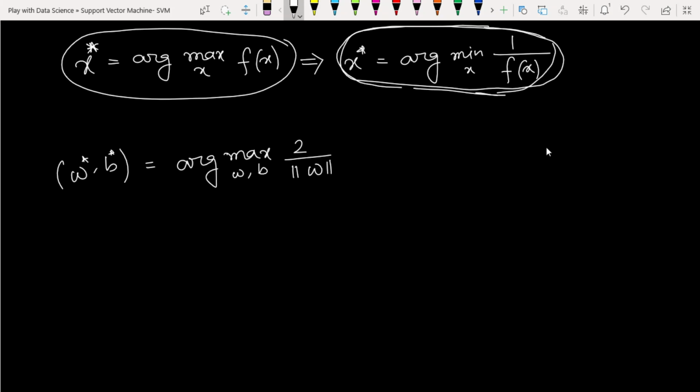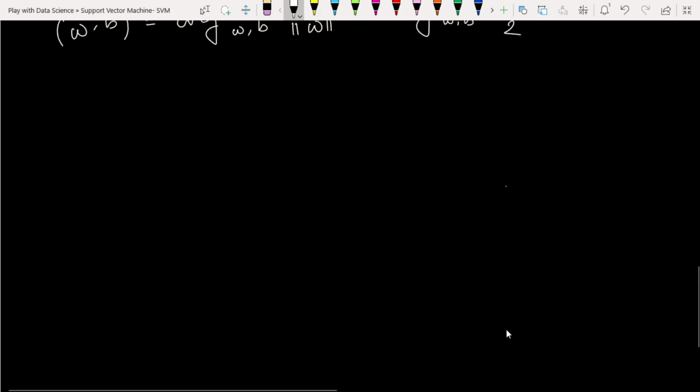In the main soft margin equation I'm including the constraint term. Here I'm simply taking the inverse. Now I am writing our main soft margin equation.